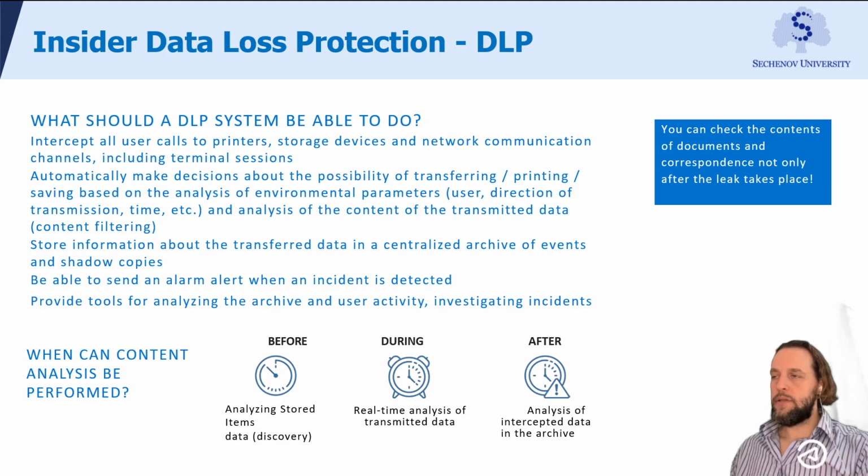For example, what could be done by a DLP system? It will intercept all user calls to printers, storage devices, network communication channels, including terminal sessions. It will automate decisions about the possibility of data transferring, printing, saving, and so on.